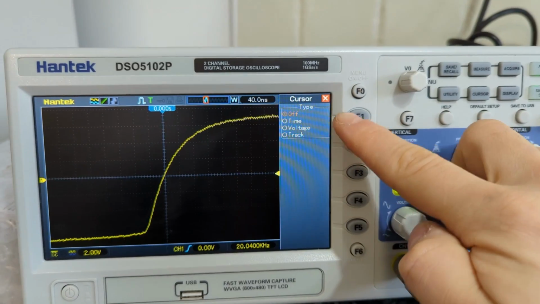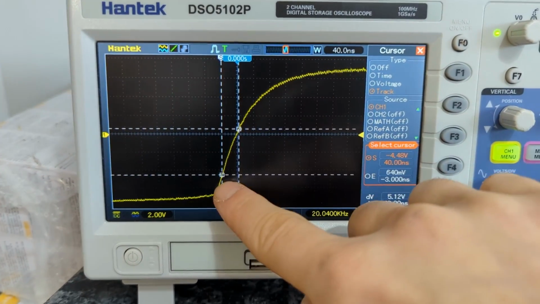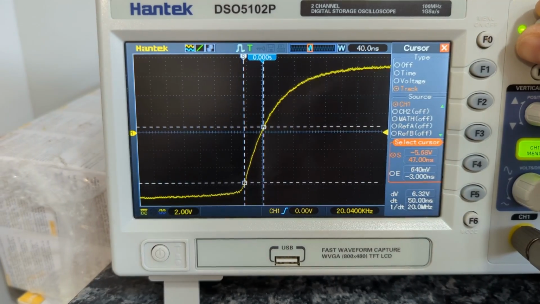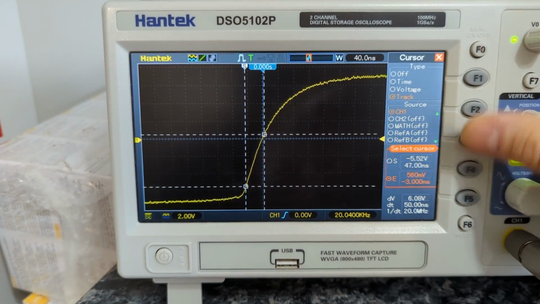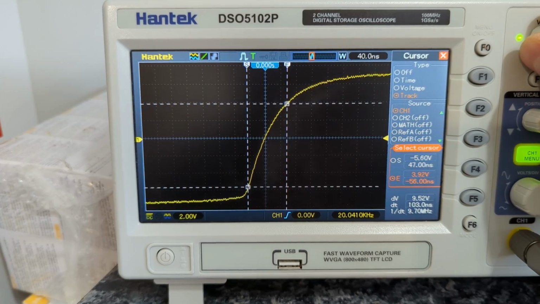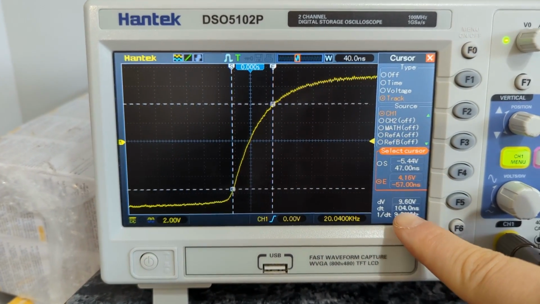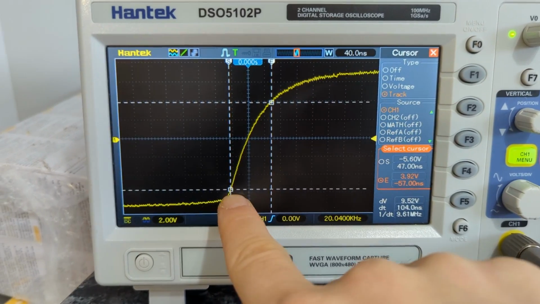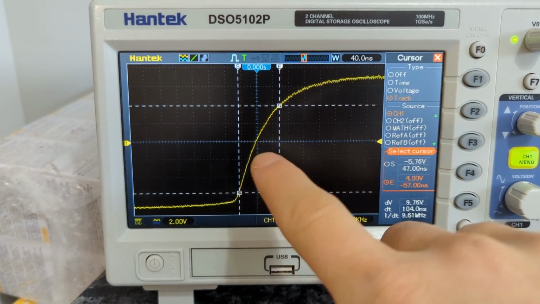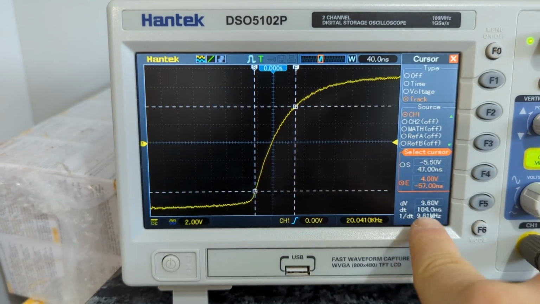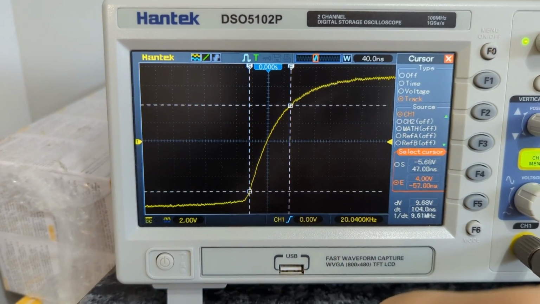If I choose the cursor and do track, see, I can put these cursors wherever I want. So I'm going to put the first one at the bottom, and then the second one somewhere on the top. And then we have these measurements. The difference in time is 104 nanoseconds, and the difference in voltage is 9.6, 9.5 volts.